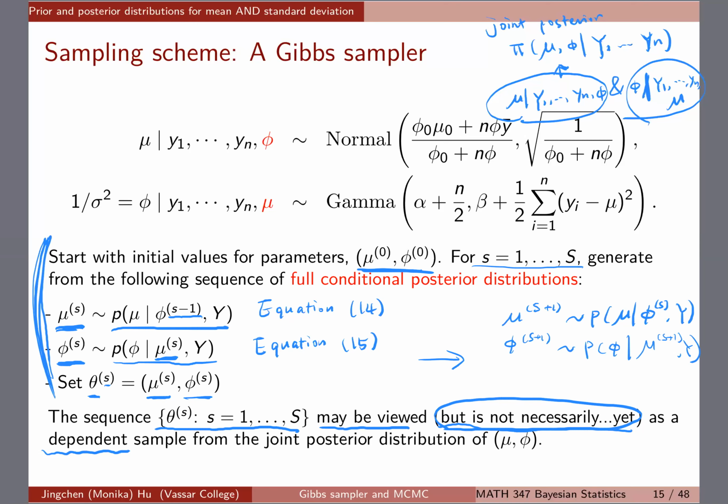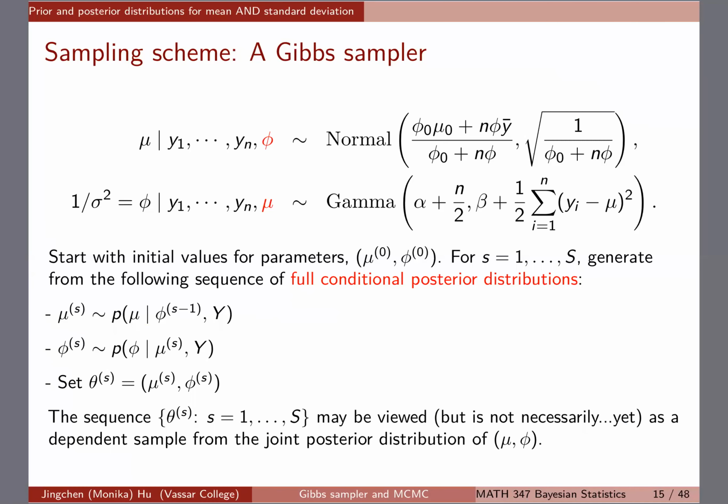Later you will also see how we can make dependent draws independent and only use the independent draws to summarize the final posterior distribution. All of those are important topics. Once we cover the actual code for this Gibbs sampler, I'm going to show you more about MCMC diagnostics and how we can make sure we're doing the right thing. Keep those in mind.